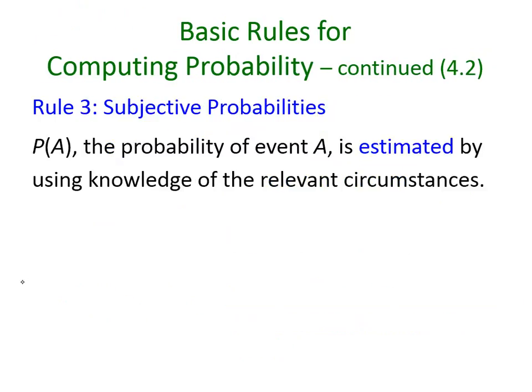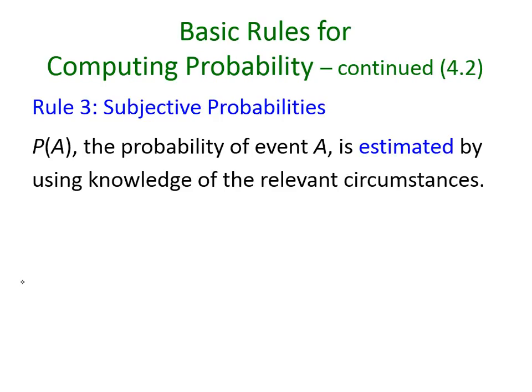The other is the subjective probability. This is where P of A, the probability of event A, is estimated by using knowledge of the relevant circumstances. In other words, this is your best guess.